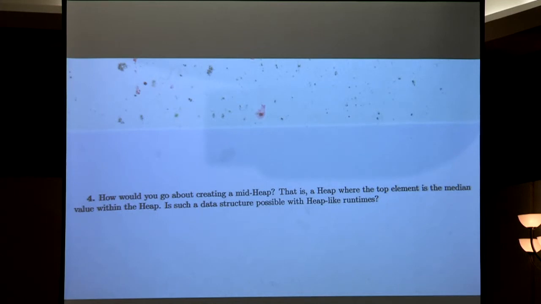If we have a short array, we'll take the middle element as the root, then take 0 to mid minus 1 and make it the left of the root, and mid plus 1 to the end of the array the right of the root, and then do it recursively.